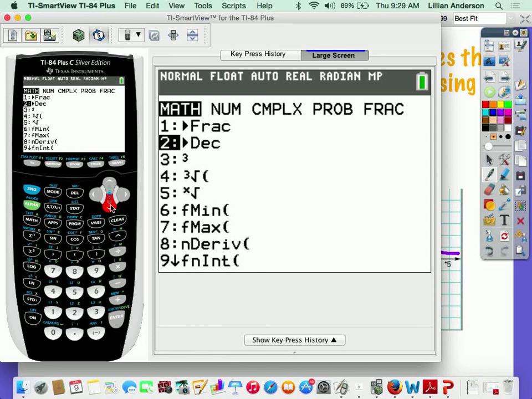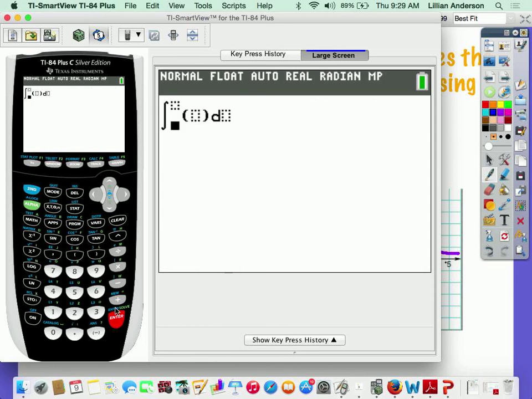Okay, so you'll go down to option 9 and click enter. Now raise your hand if your calculator looks like mine. Okay, you've got it easy, because you just fill in what we already wrote. Raise your hand if yours just says FNINT parentheses. For you guys, it's a little bit different.